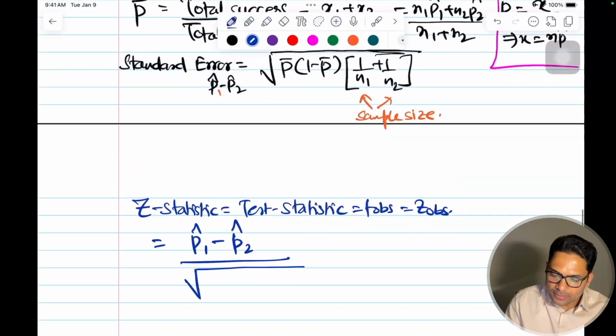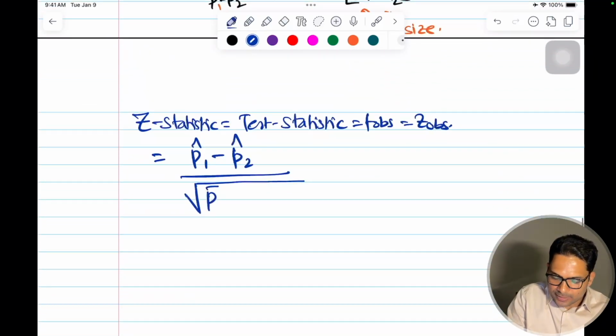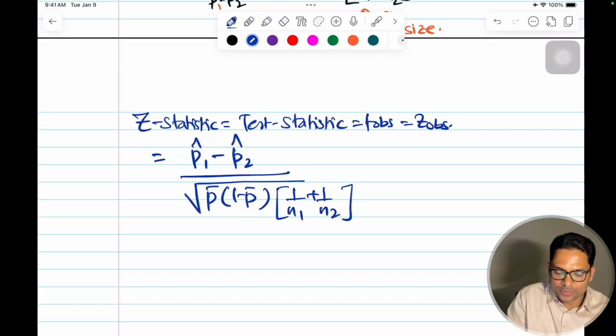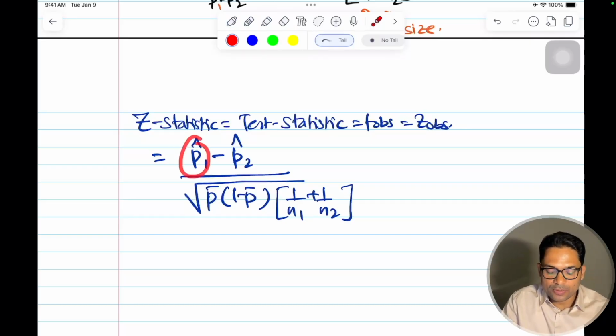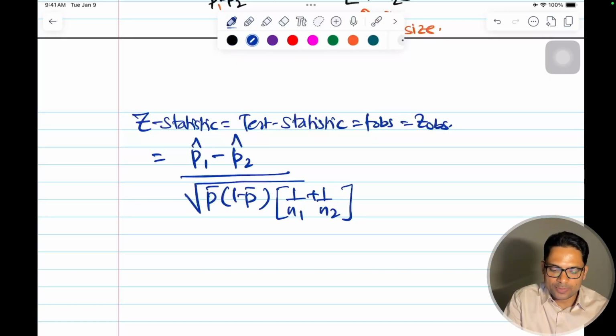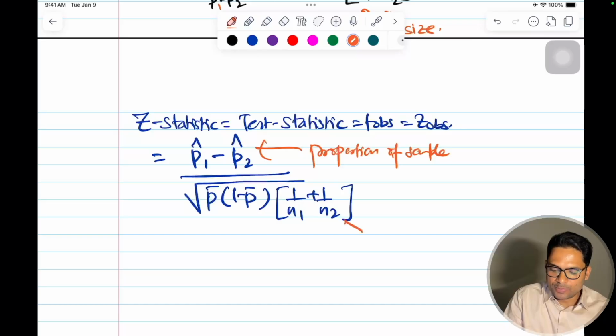Standard error is given by the square root of p hat into 1 minus p hat into 1 by n1 plus 1 by n2. We know all these terms. This is the proportion of success of the first sample, proportion of success of the second sample. Let me write it. Proportion of sample. The other terms are known. This is the sample size.